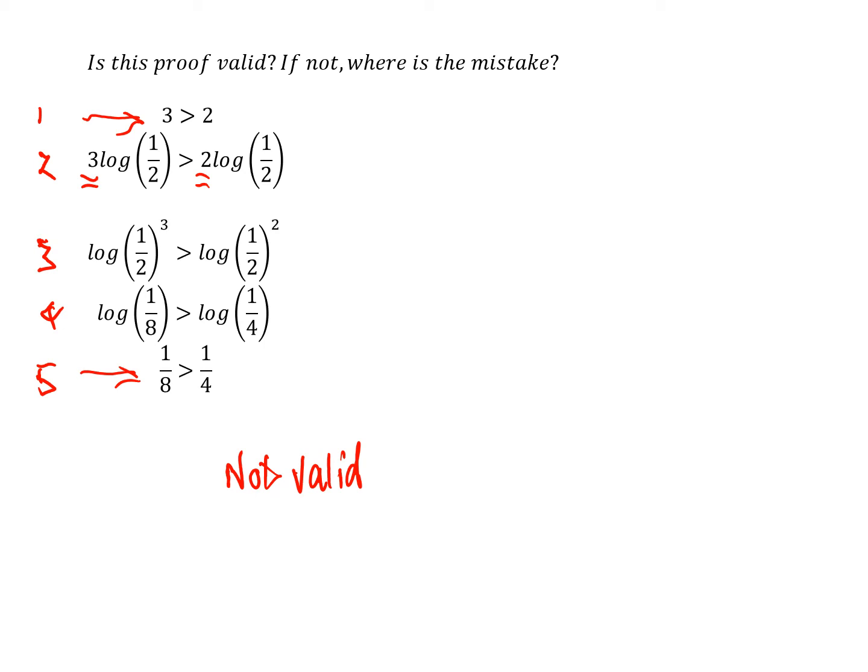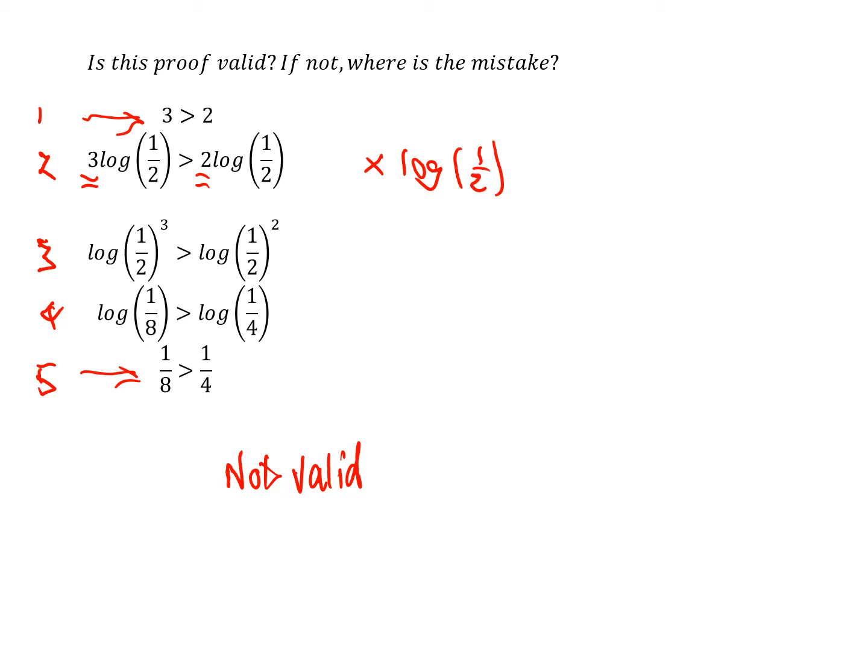Where is the mistake? Now, what you need to think about is when you take an inequality and you multiply both sides of the inequality by a number. And in step number 2, we multiplied both sides by log of a half.